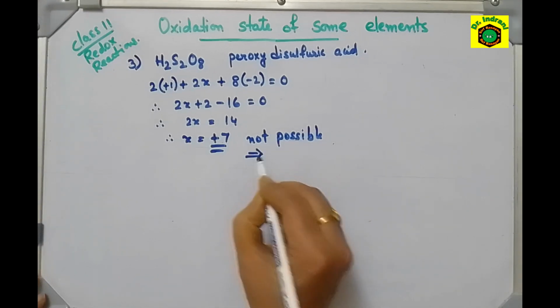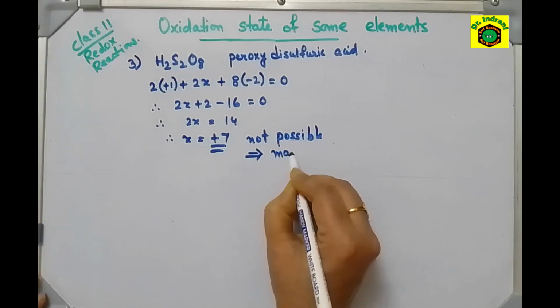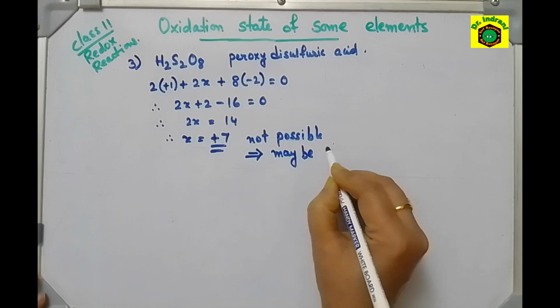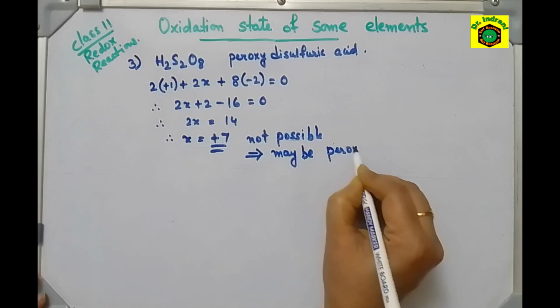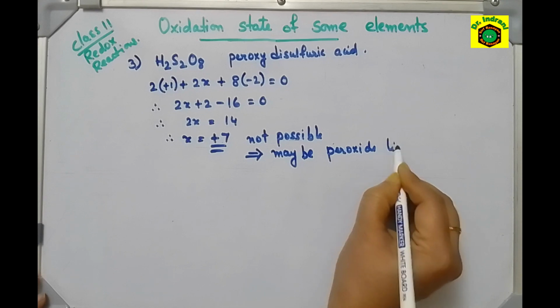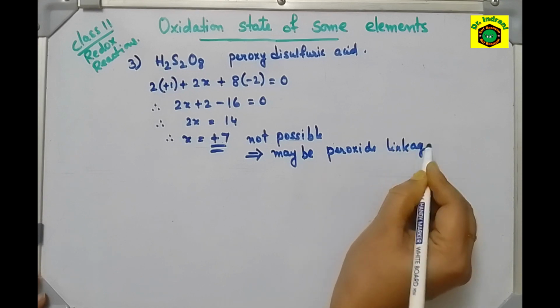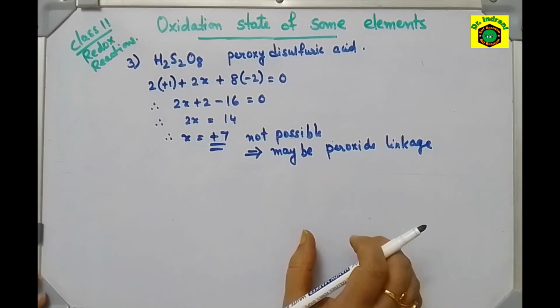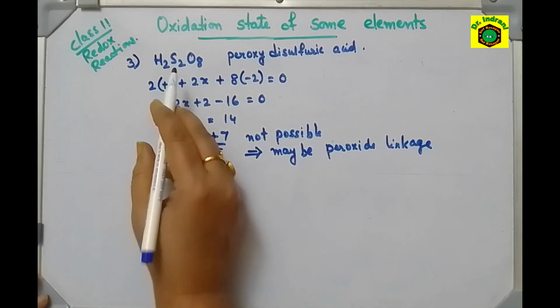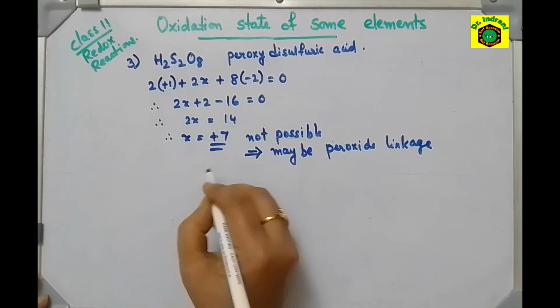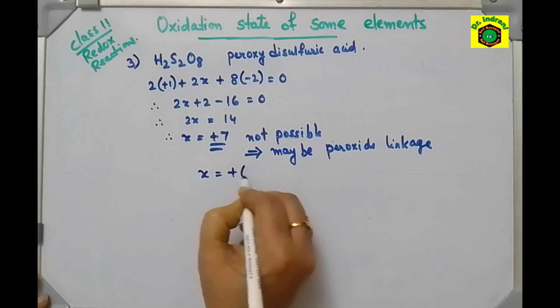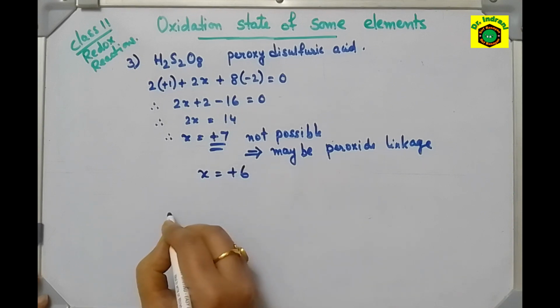So your conclusion will be maybe peroxide linkage is present in the molecule. Done. So what will be the oxidation state of each sulfur? You will write it is plus 6. Now, you see the structure to verify.